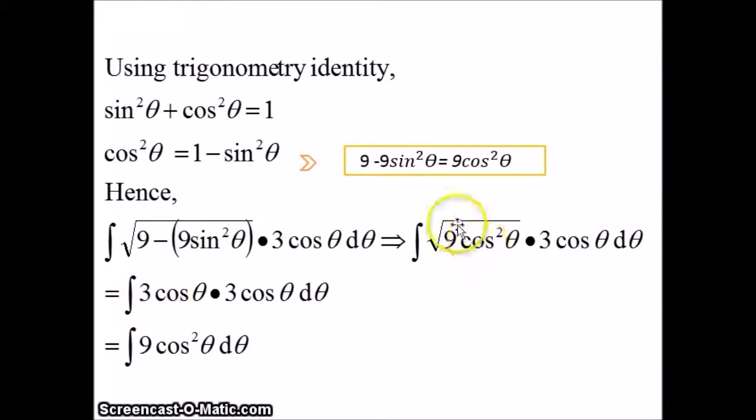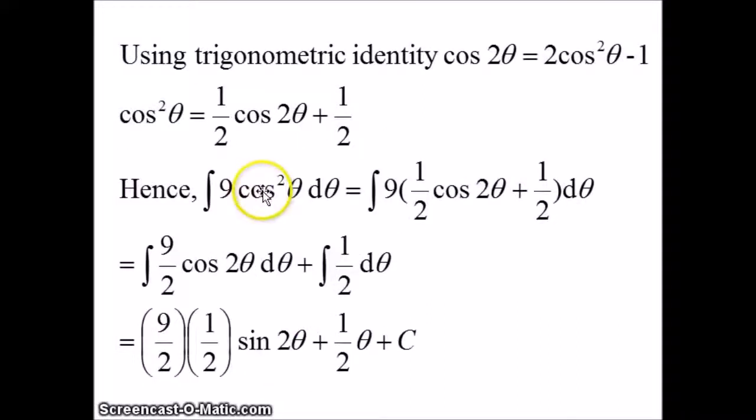Finally, with the square root of 9 cos squared theta, we will get 3 cos theta multiplied by 3 cos theta d theta, and we will get 9 cos squared theta d theta. We still cannot integrate cos squared theta directly, so we need to simplify the equation using another trigonometric identity.